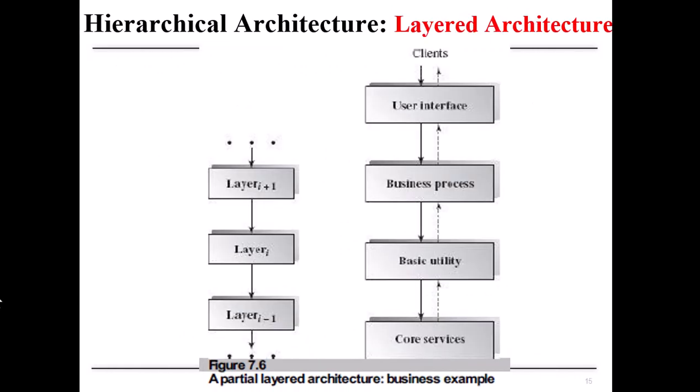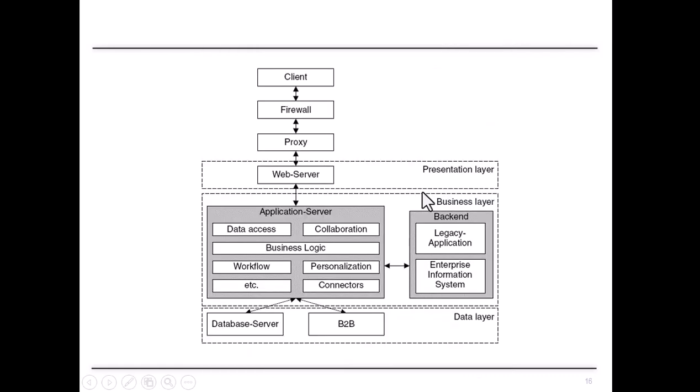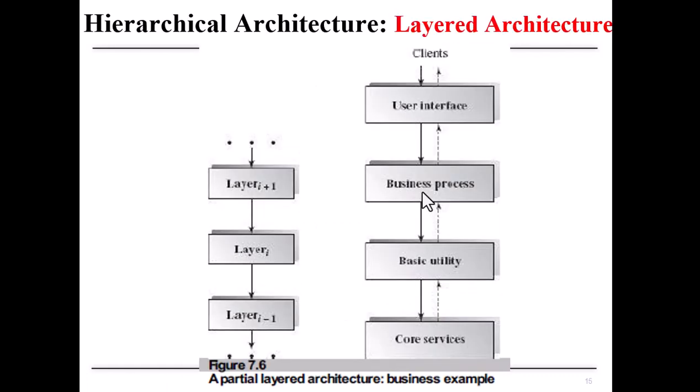This is the figure. You can see the client connects to the system with a particular user interface, and then instructions are passed. The input instructions are passed as a business process. Based on some business process, the instructions are passed, and actually the business process is the instructions.